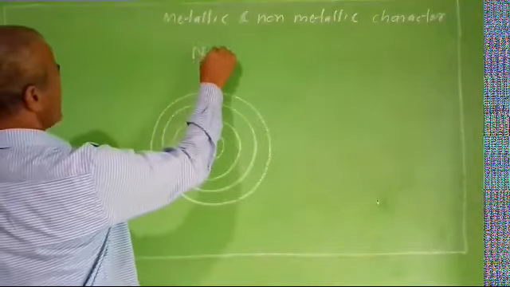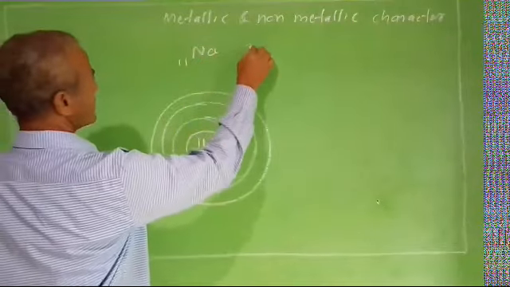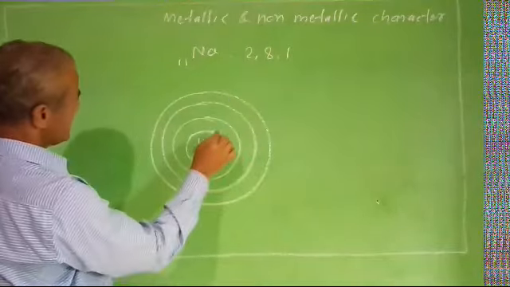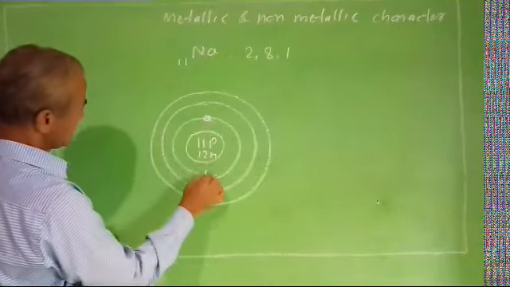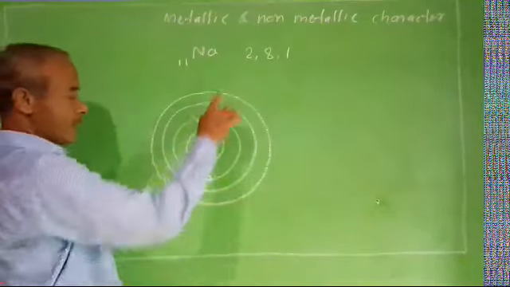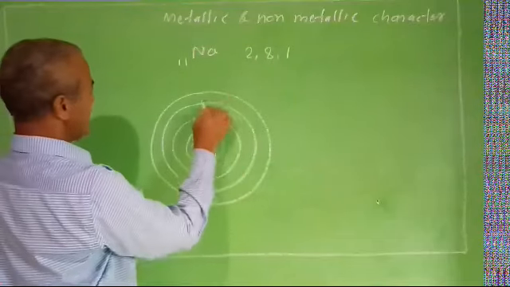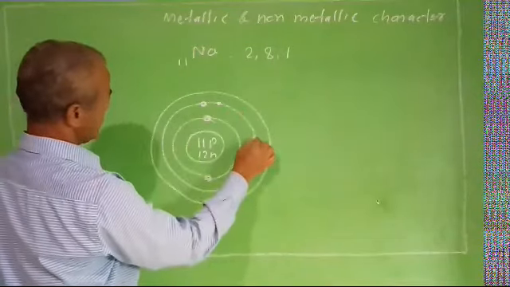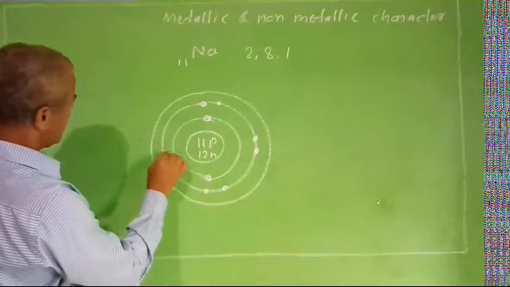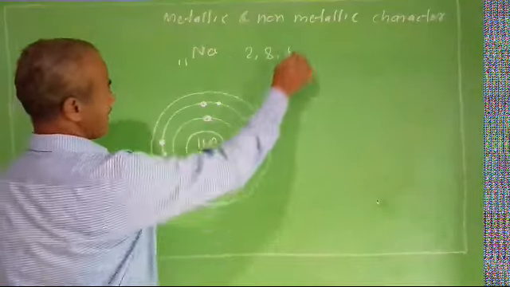The atomic number of sodium is 11. Its electronic configuration is 2,8,1. It means that here the first shell, K shell, has 2 electrons. L shell has 8 electrons, and M shell has 1 electron.